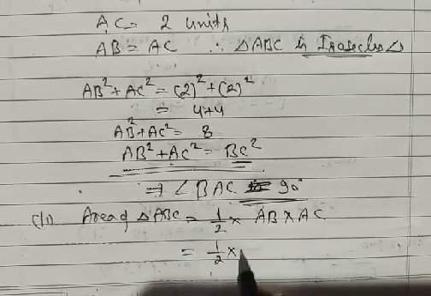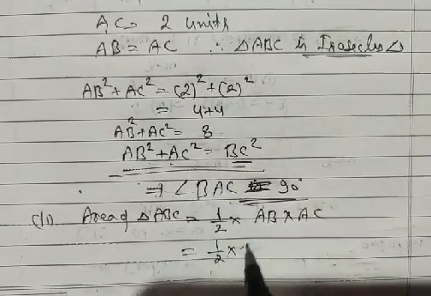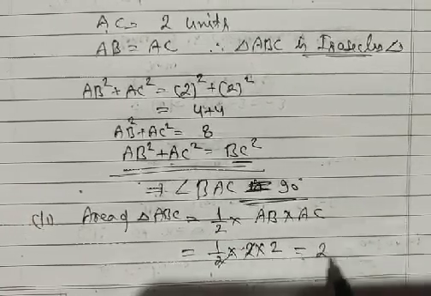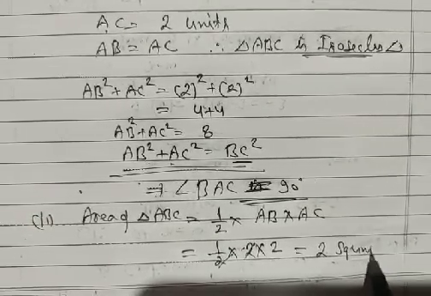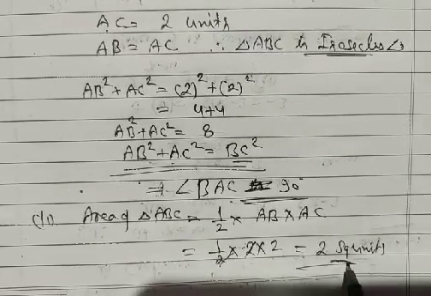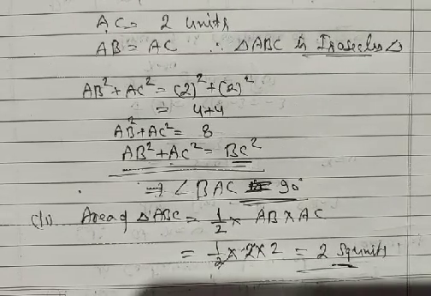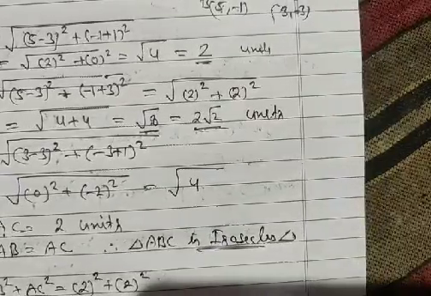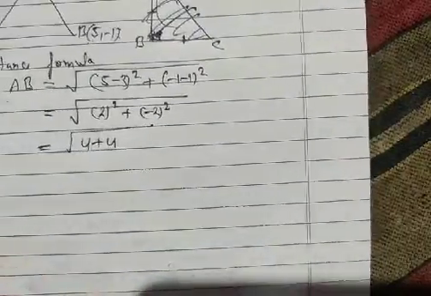One by 2, our AB is 2, our AC is 2, and after solving we get 2 square units. Then our area of the triangle is 2 square units. Now we are going to proceed to our next problem, which is also based on the distance formula.